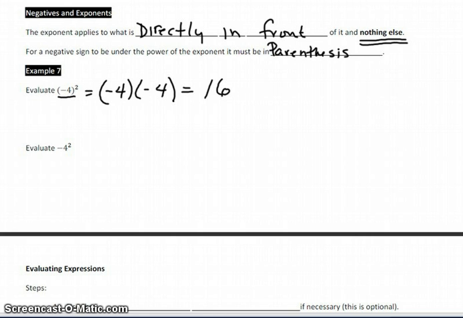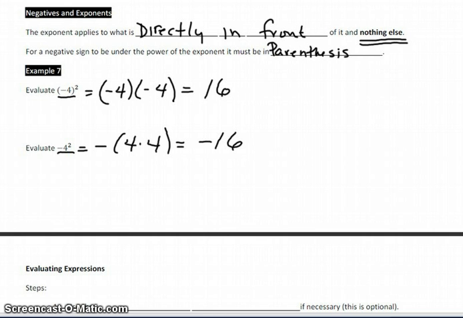However, in the next example, we have negative 4 squared, which actually means the opposite of 4 squared, because this 2 applies only to the 4. So I have minus the quantity 4 times 4, and I get negative 16.